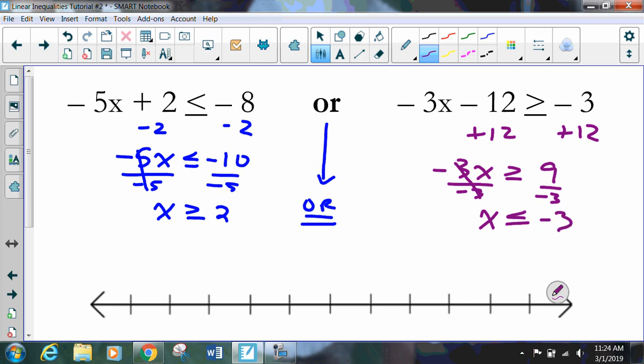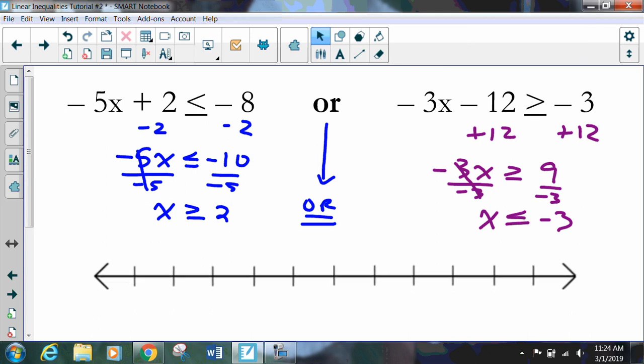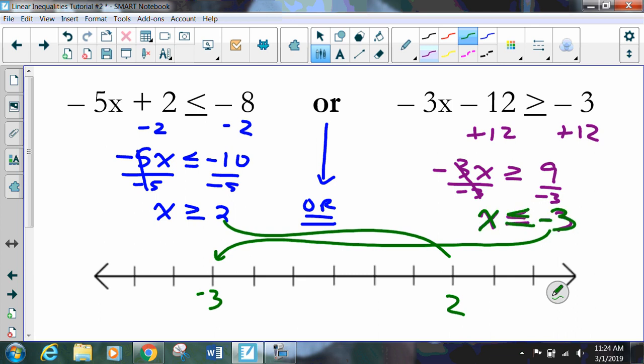And now, once again, before we make our number line graph, we ask ourselves, who is smaller? Negative 3 is definitely smaller than 2, so we'll put negative 3 here. We'll put 2 here. And let's see what it says for x and negative 3. X is less than or equal to negative 3. That means I'm going to do a filled-in circle and move to the left.